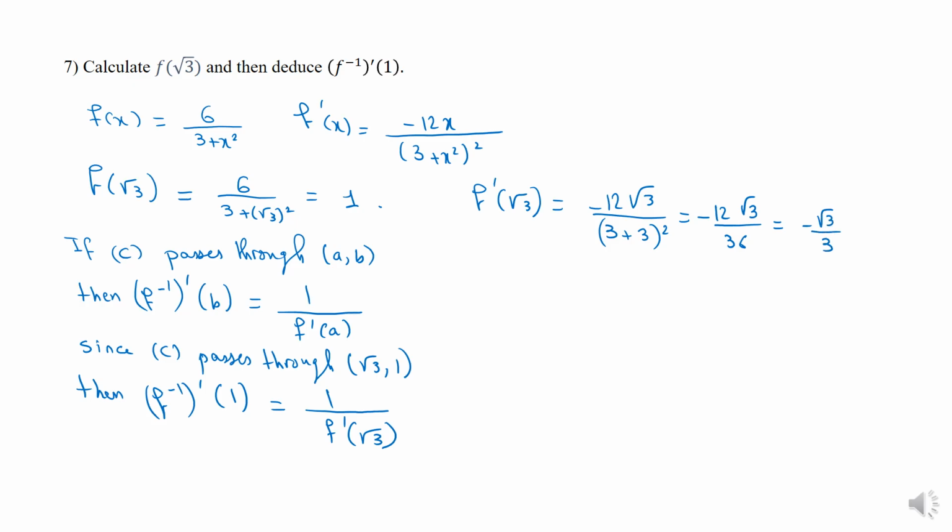So 1 over f prime of radical 3, which is f minus 1 prime of 1, is minus 3 over radical 3, which is minus 3 radical 3 over 3, that is minus radical 3.